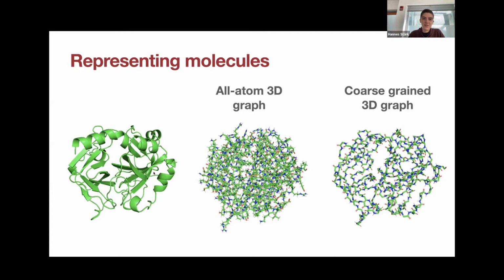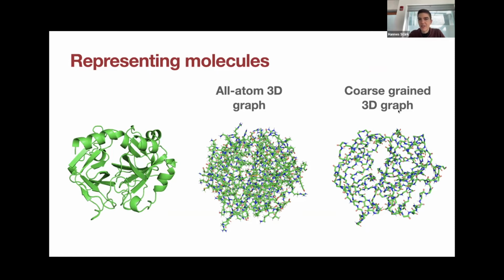Yeah, and now we could also represent our protein in the middle here as a graph, as we did with the small molecule, where we just take every single atom in the protein and we connect the atoms with each other if they are within a particular radius. But most of the time, what we actually do is, I said the protein is made up of these 20 amino acids, and we actually only consider the amino acids.